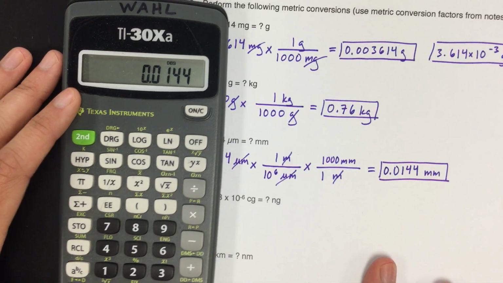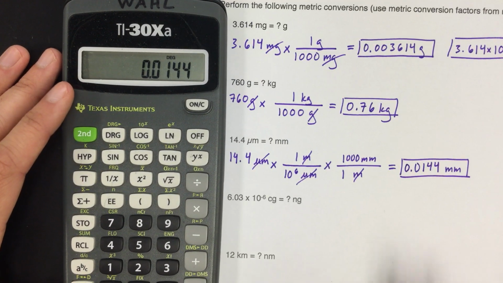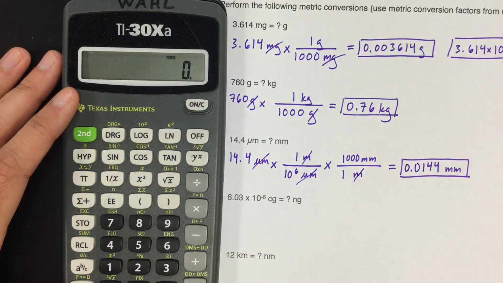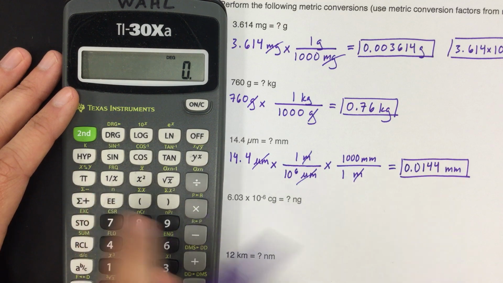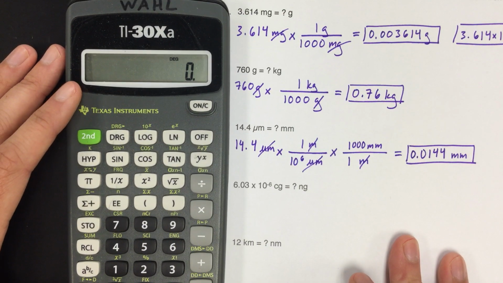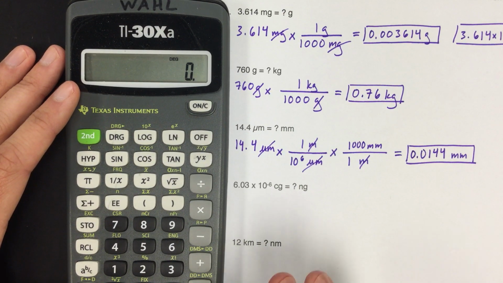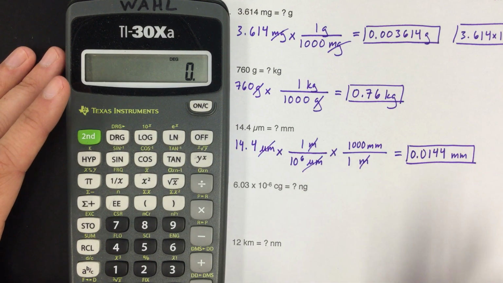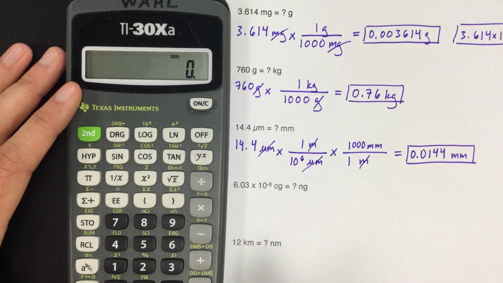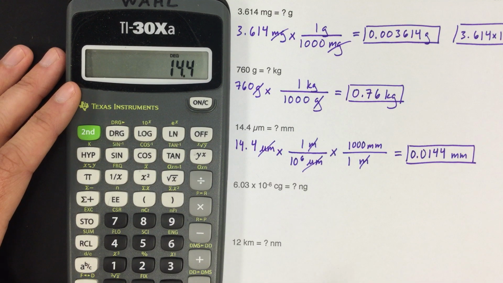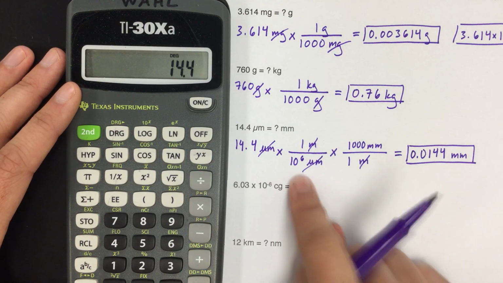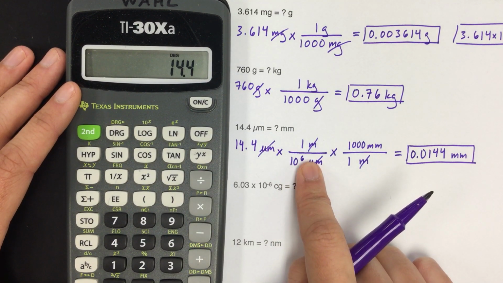So that is the answer, but let me show you another way you could do it using the EE button, because we've been using that in class. Just keep in mind that EE means times 10 to the. So if you're typing this calculation, you do 14.4 divided by, and this is already 10 to the something.